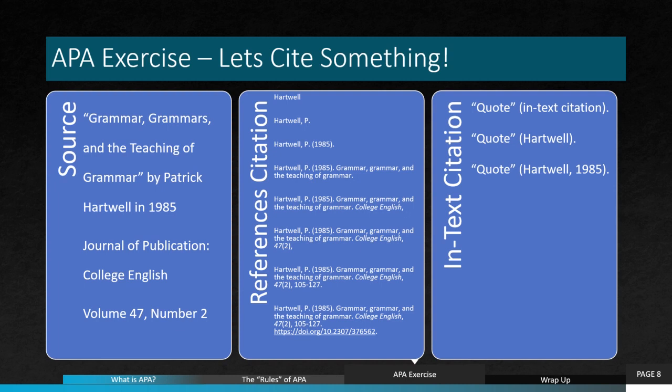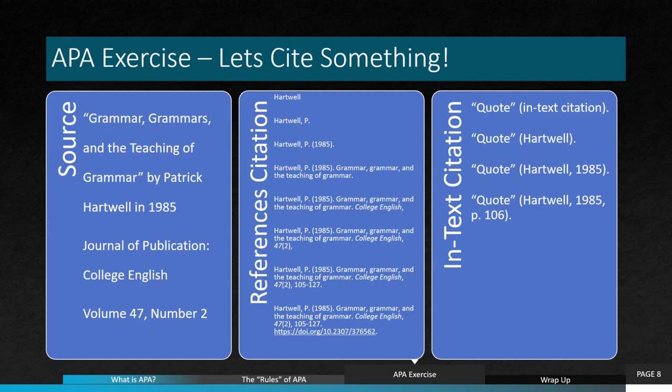Also similar to MLA, you include the page number. However, there is one small difference. You put a p. instead of just the number. If you are referencing more than one page, you would put pp. So for example, here it's page 106. But if you had pages 106 through 107, it would be pp. 106-07.